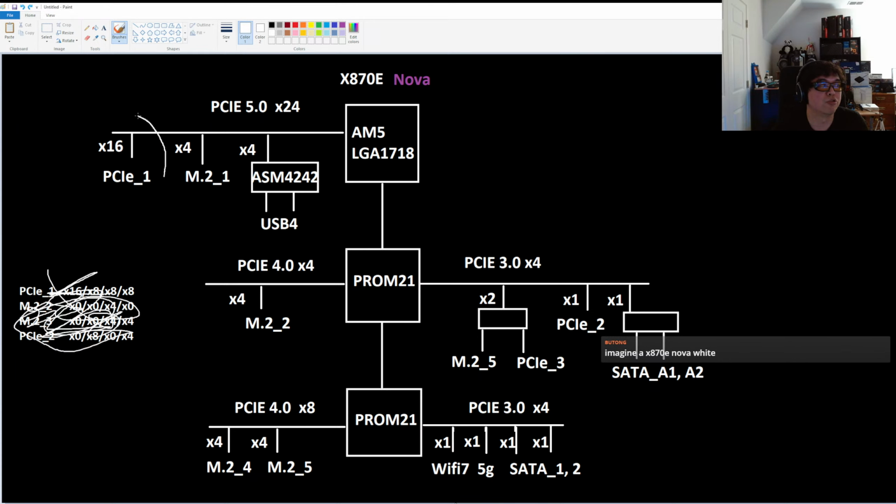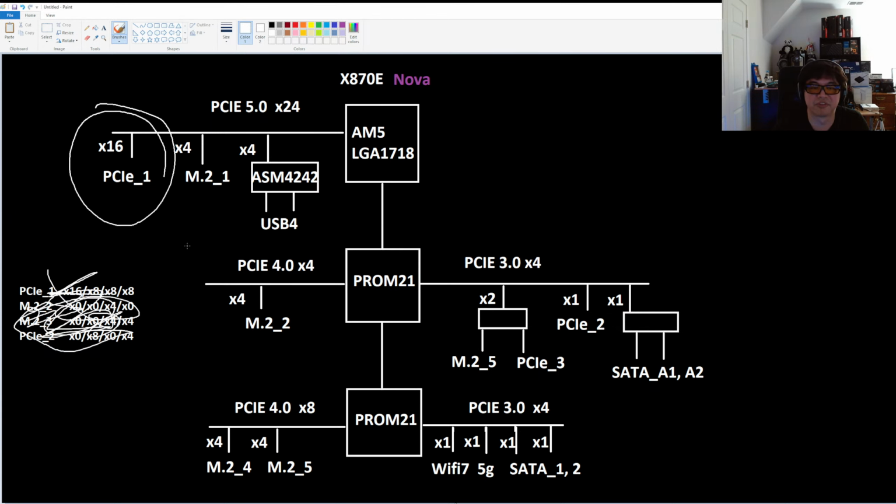Are you going to be surprised if you connect your graphics card and then one day you add another SSD to your computer, then all of a sudden your graphics card is running at half of the bandwidth? Those are the sort of gotchas that you want to avoid when purchasing an expensive product like a motherboard as part of the entire build.